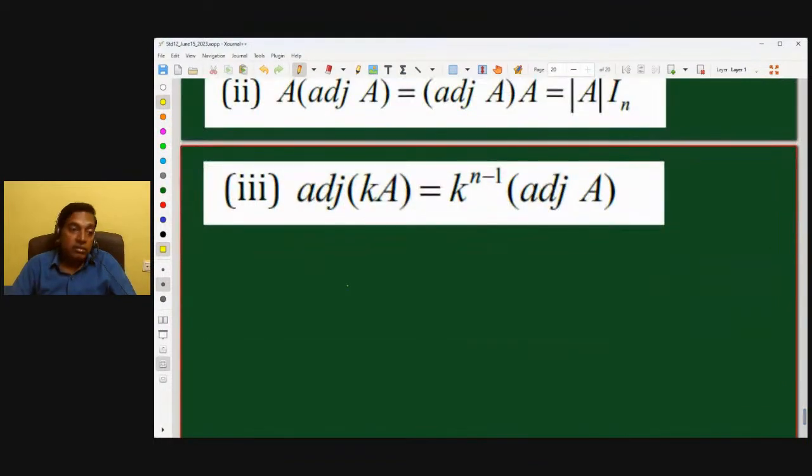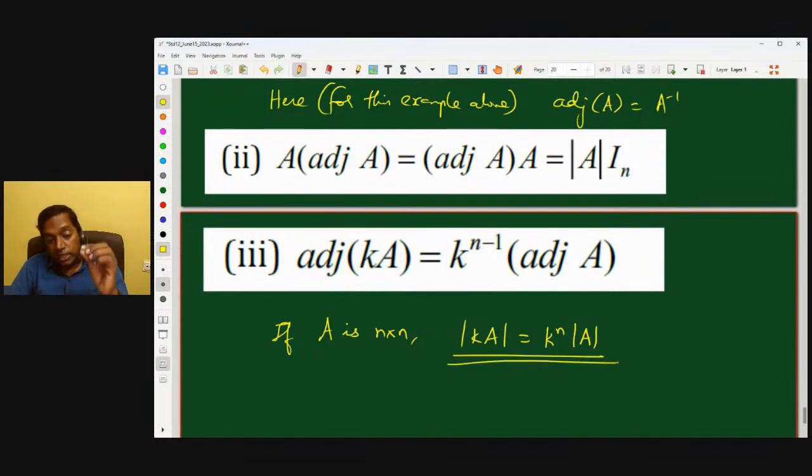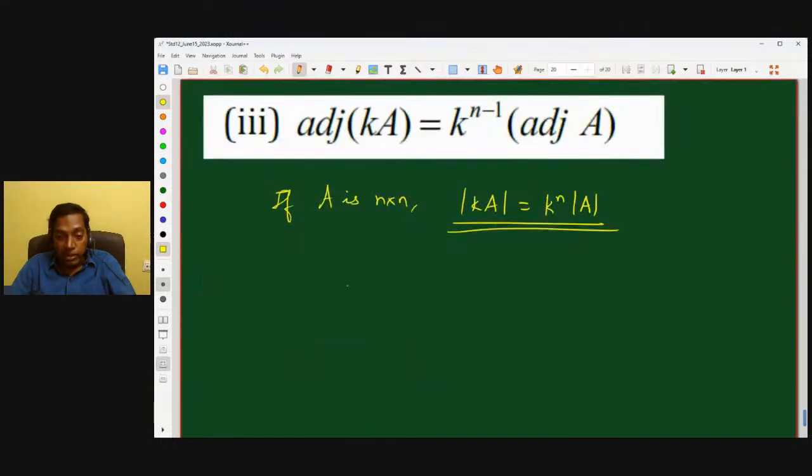Now, why is that? Well, here we are going to use some properties related to determinants. See, if A is n by n, determinant of kA, we will learn it more in determinants, is k power n determinant A. Why? If you multiply all the entries by a constant, the determinant will get multiplied by k power n. See, determinant for 3 by 3, let's say determinant of 1 2 4, 3 1 minus 1, 2 0 1, is 1 times this determinant minus 2 times the determinant of 3 1, 2 minus 1, plus 4 times 3 0, 2 1.